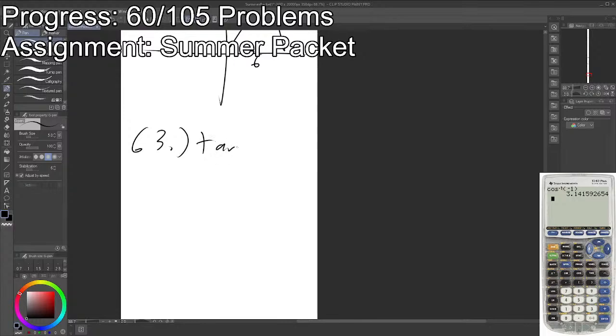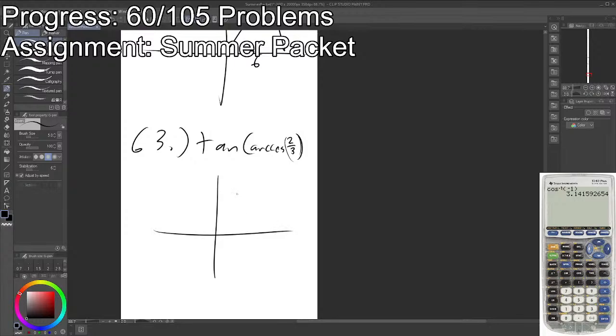So first one is tan arc cos 2/3. Alright. Arc. Whatever.